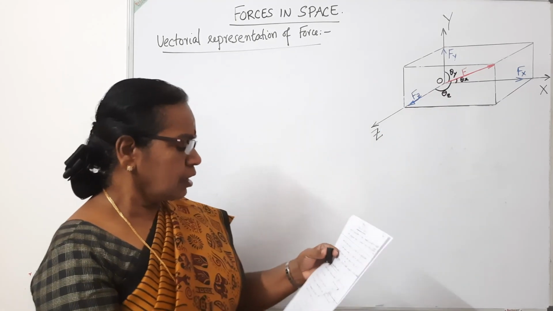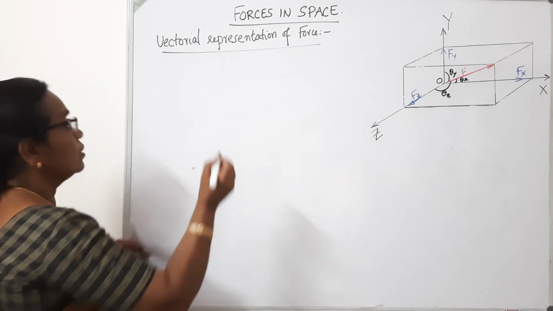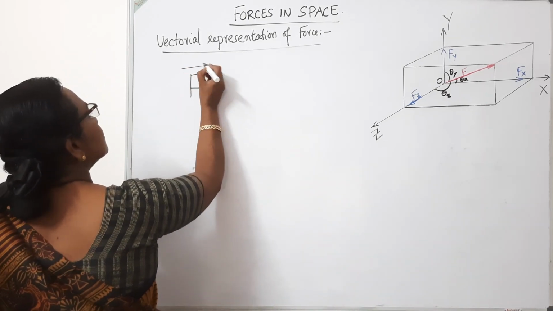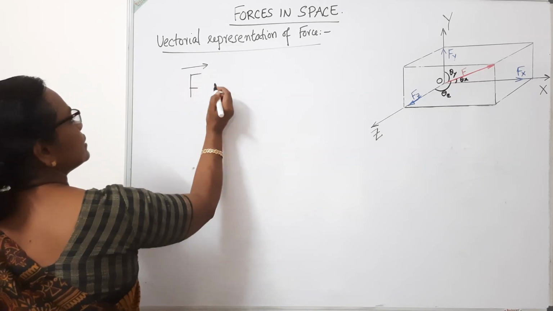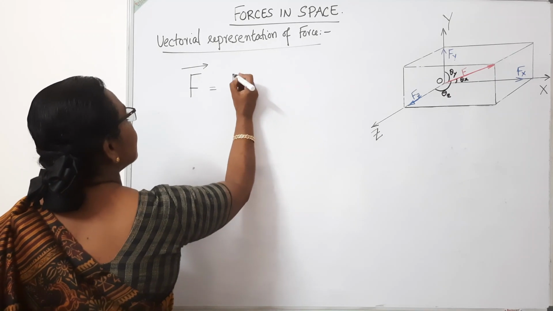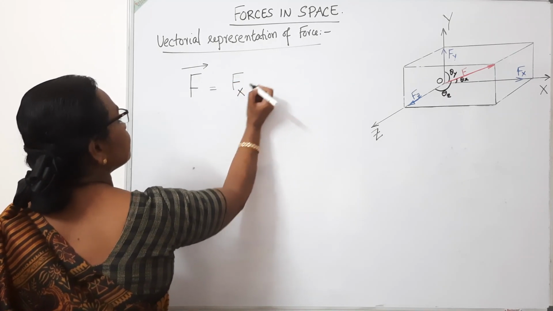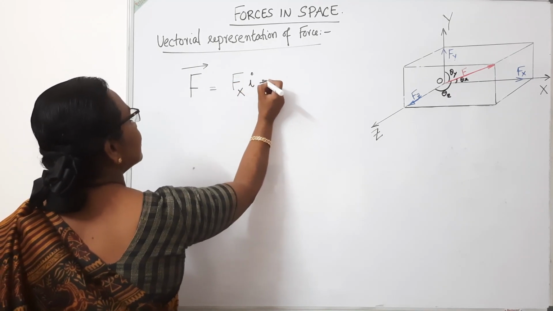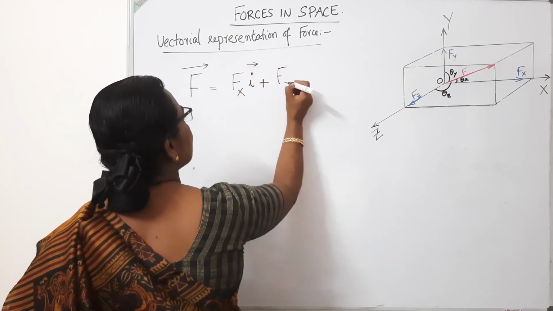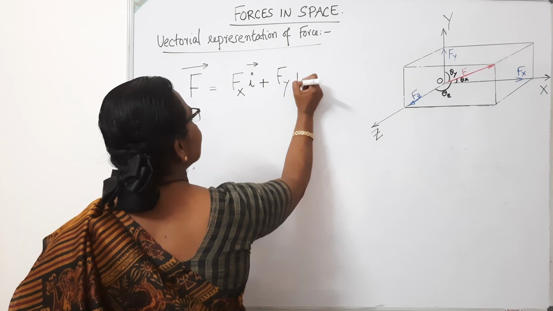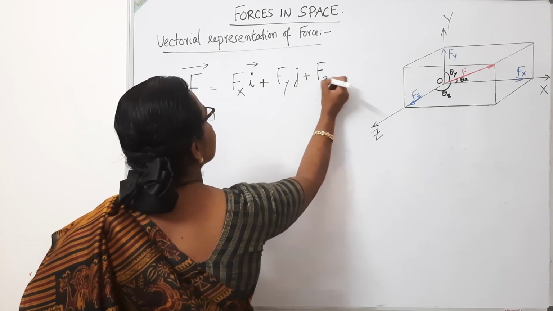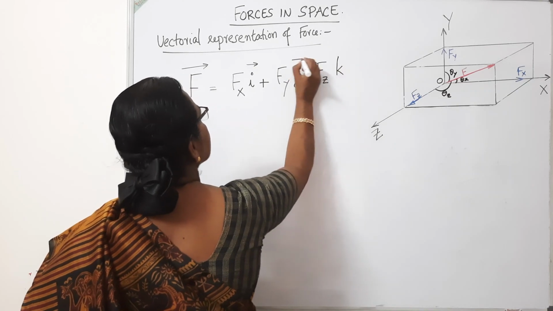So here, how will you represent the force? The force F has to be represented as a vector. The force F is represented by a vector that is equal to the component of the force in the x direction, Fx i, plus the component of force in the y direction, Fy j, plus Fz k.